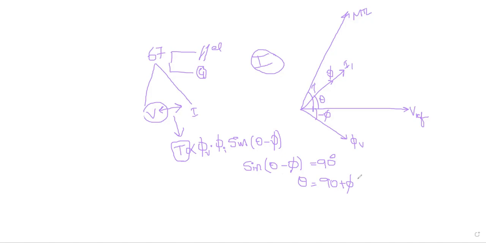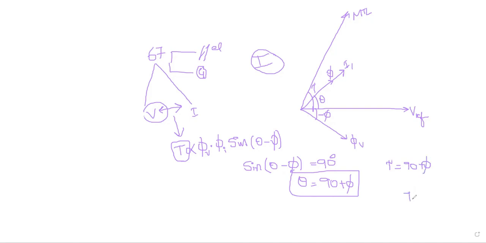Now let's see it this way. We derived theta equal to 90 plus phi, right? So when I receive this 90 degrees to my flux, then theta equals 90 plus phi.